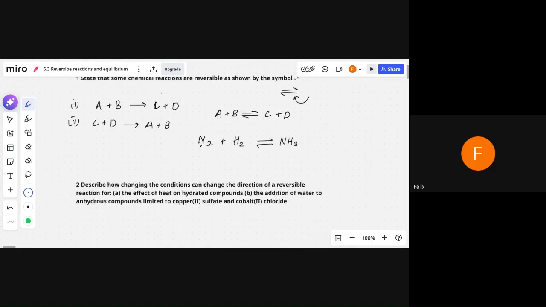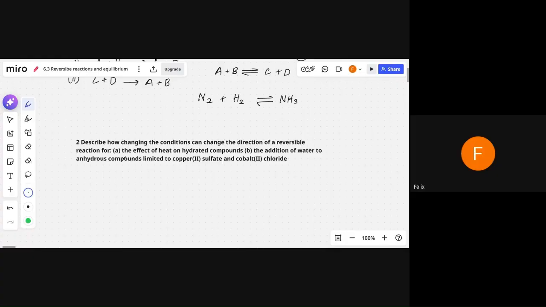Now we move on to the second topic, which is: describe how changing the conditions can change the direction of a reversible reaction. A, the effect of heat on hydrated compounds. We will talk about this first. So what are hydrated compounds?